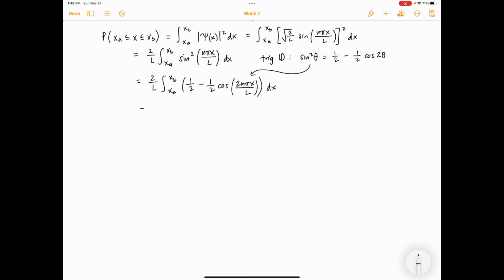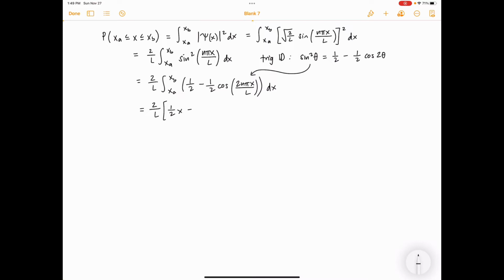And now this is something that's not too bad to integrate. We can do it right away. So we have 2 over L. When we integrate 1/2, that becomes 1/2 x. So we have 1/2 x for our first term. And then for our second term, we have minus 1/2 times cosine 2n pi x over L. When you take the cosine function and you integrate it, you get the sine function. But we have to do a little bit more than that.